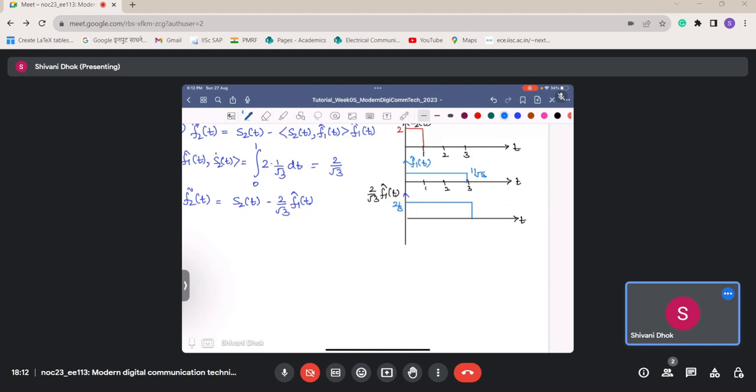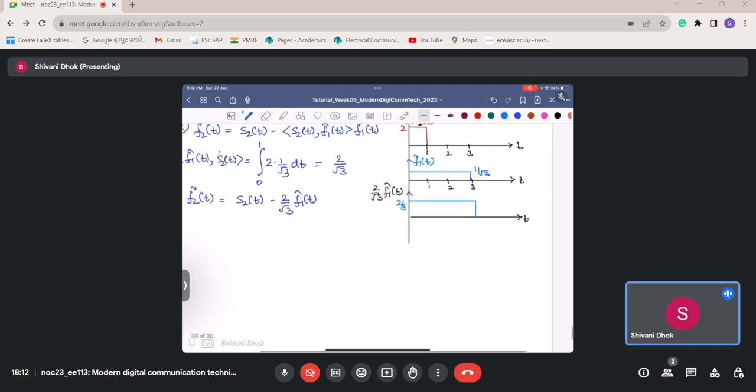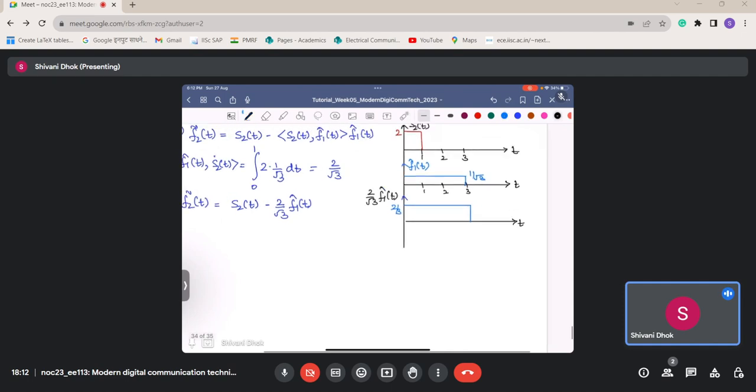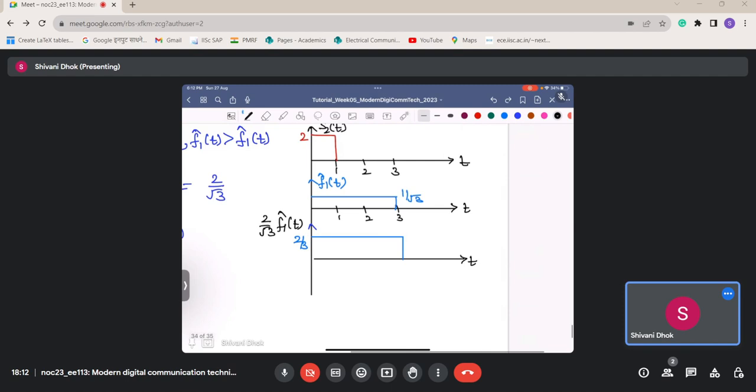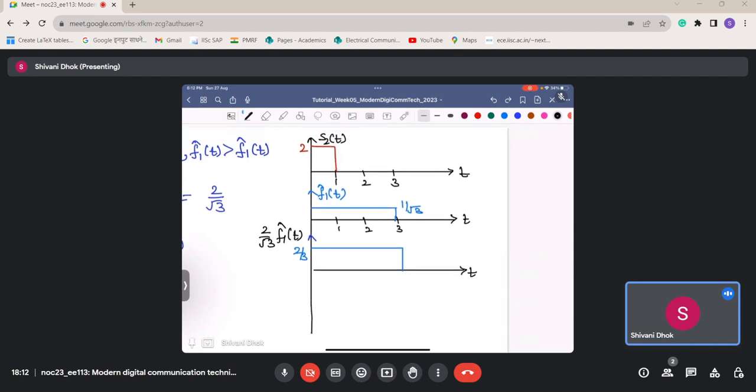Okay. And now what we need to find is this signal. So now let us draw here. This is t, and this thing will be f2 tilde of t, which is s2 of t minus 2 by root 3 f1 hat of t.